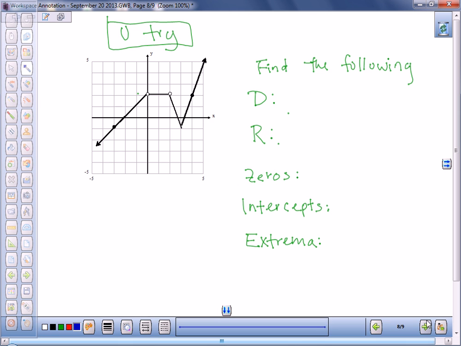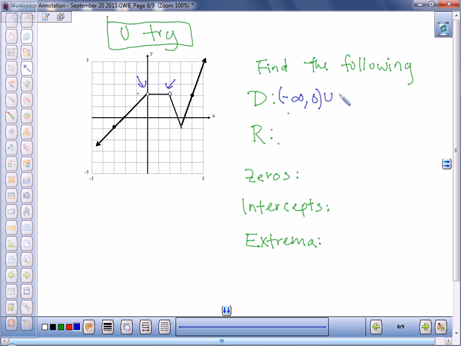Okay, so let's look at this. Domain and range. Do you see it's missing those two points right there? It would be negative infinity to positive infinity if it wasn't for those two, wouldn't it? But it's going to be negative infinity to what? 0. Do I include it? No. Union with, what's my next interval?